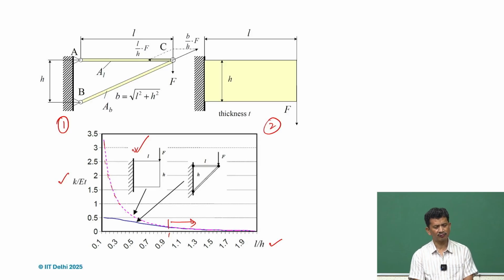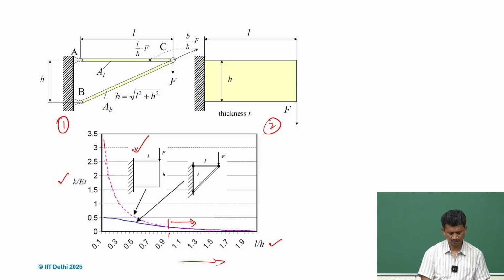So, what we can say is that a thin sheet with similar dimensions, if the L by H ratio is smaller, will have a higher stiffness, but if L by H is larger, both will give similar performance.